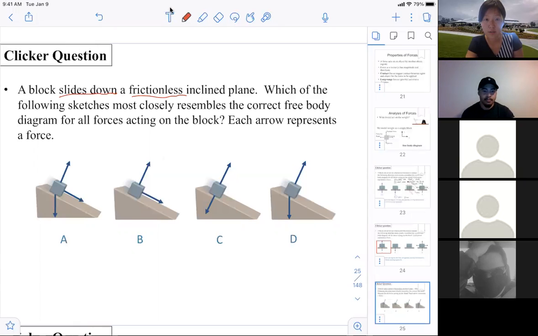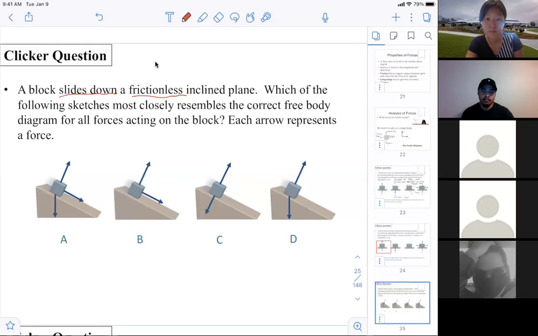And what about the rest of you? What do you think? Actually, I think that it's only two forces acting on it. So I think it's D, gravity and normal force, because if you look at gravity, it's in a different direction than the normal force.